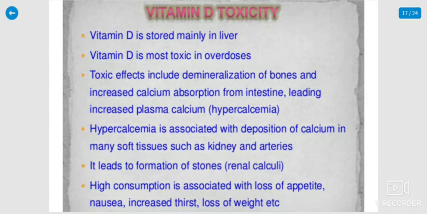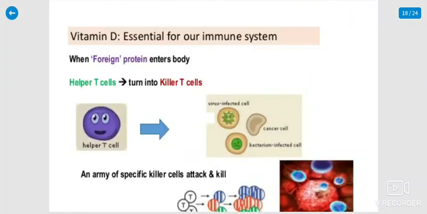Hypercalcemia is associated with the deposition of calcium in many soft tissues such as the kidney and arteries. It leads to formation of stones, renal calculi. High consumption is associated with loss of appetite, nausea, increased thirst, and weight loss.